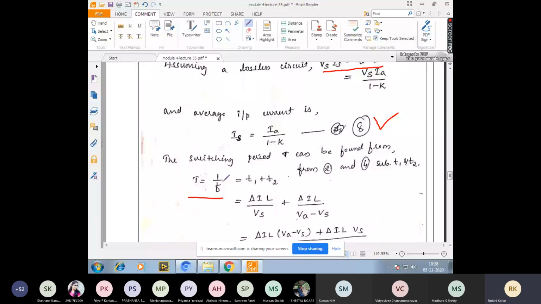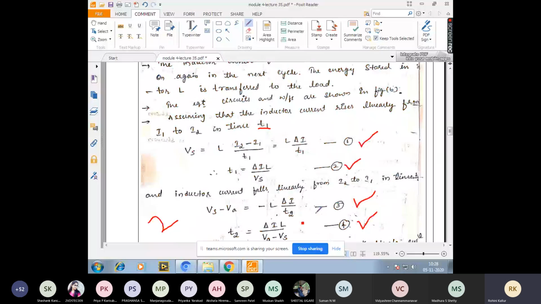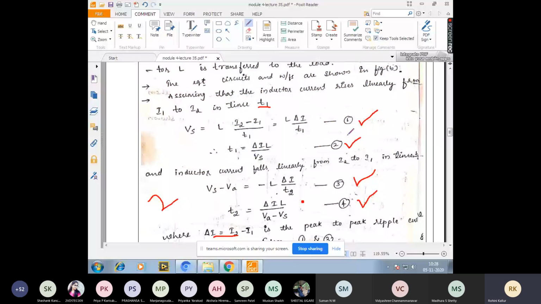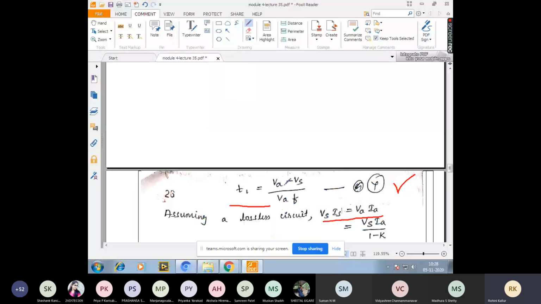Then the fifth part of the derivation, calculation of the total time period T. So T is equal to 1 over F, we know, and we know also that the total time period T is T1 plus T2. So we have written a value for T1 and T2 using equation number 1 and equation number 2, equation number 2 and equation number 4. So substitute them here.